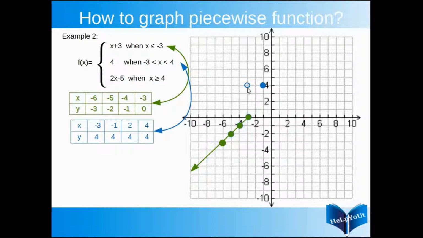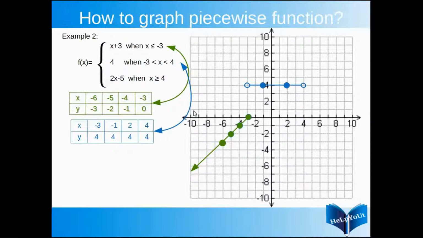At x equals minus 3, see, I have made an open circle here because there was no equal to sign. Here again I have made an open circle because there was no equal to sign either. Then I am going to join this from here to here. So we have drawn this second function too.